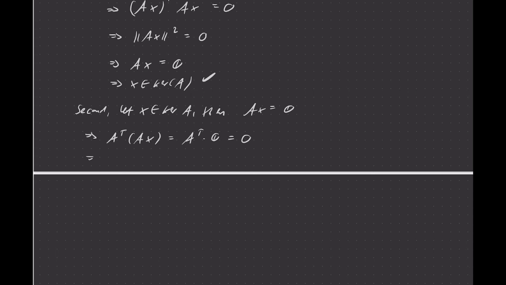So that means x is also in the kernel of A^T A. So we have shown that these two kernels actually agree, and that means the rank of our matrix A^T A is in fact k, so we can uniquely solve that system of linear equations.